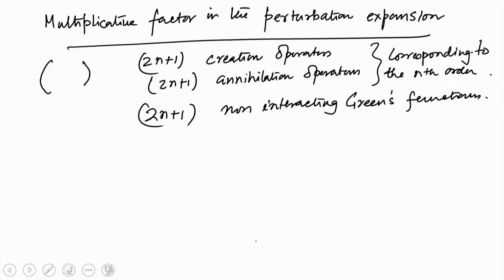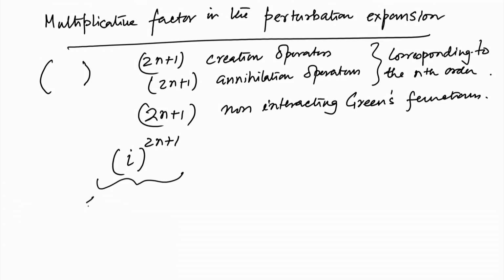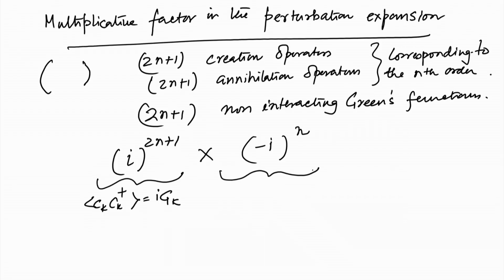So, each of the Green's functions will have a factor of I. So, there will be an I to the power 2n plus 1, because each one of those, C K dagger, is equal to I G K. And then we will have to multiply it by minus 1 whole to the power n. This comes from the factor in the S matrix expression.